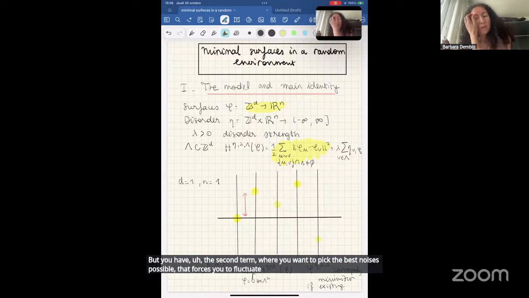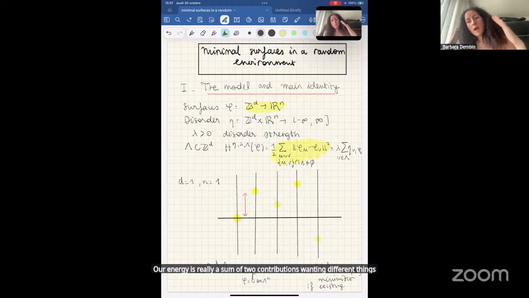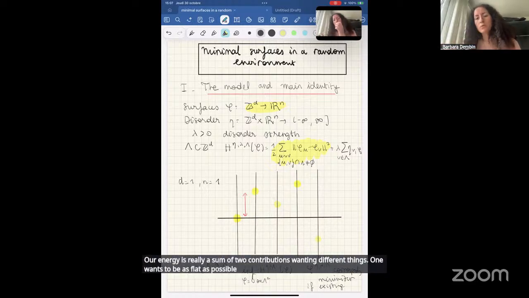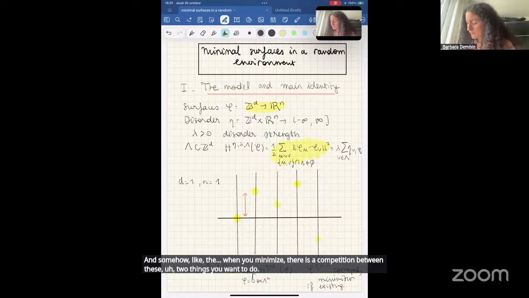So our energy is really a sum of two contributions wanting different things: one wants to be as flat as possible, and the other wants to fluctuate to go pick the best noise. When you minimize, there is a competition between these two things.